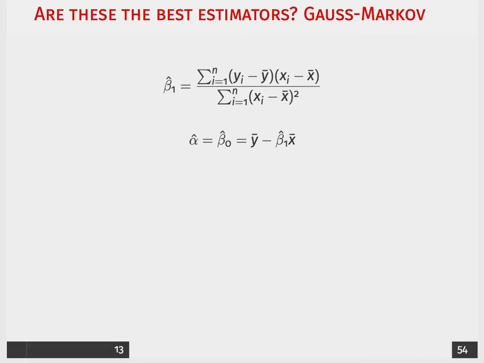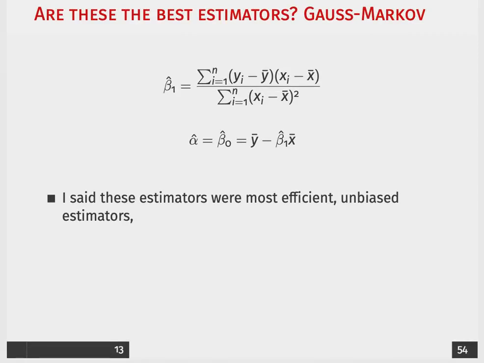Now, we won't spend too much time here, but I do want to stress that these are technically the best estimators of the true population parameters that we're interested in. And by best estimators, there are a couple of criteria that we're going to mention, and this is called the Gauss-Markov theorem.